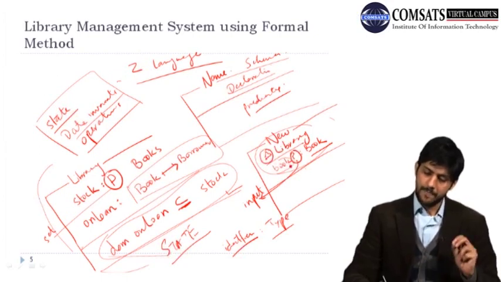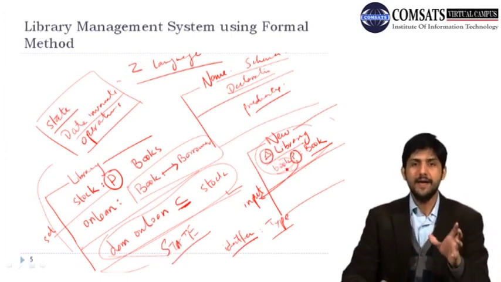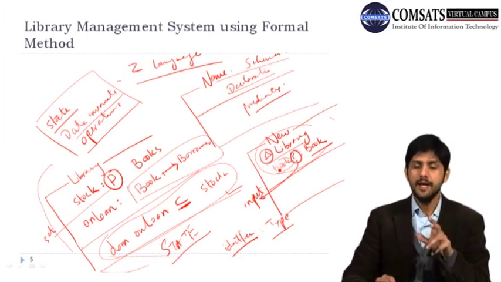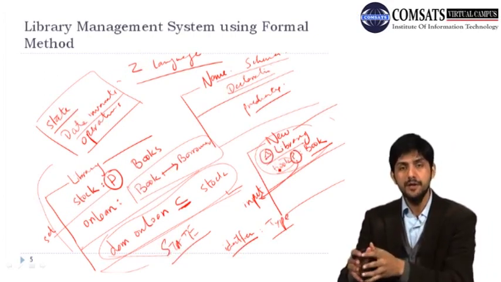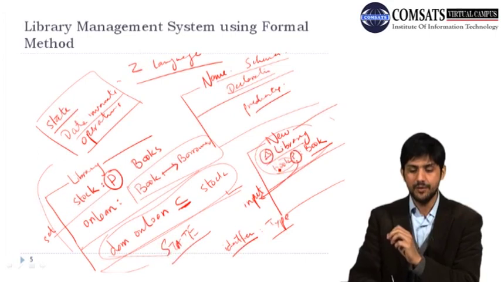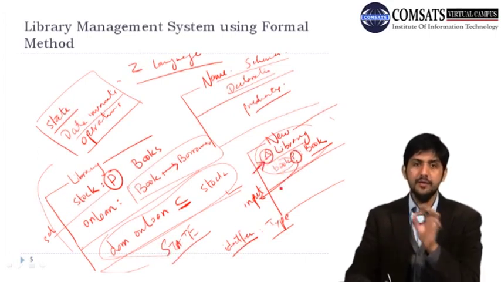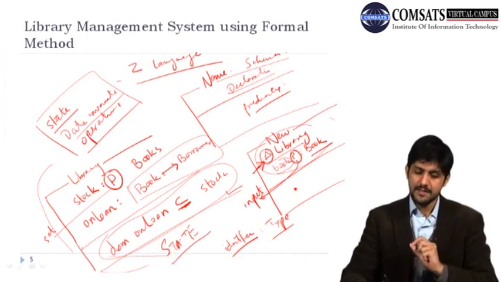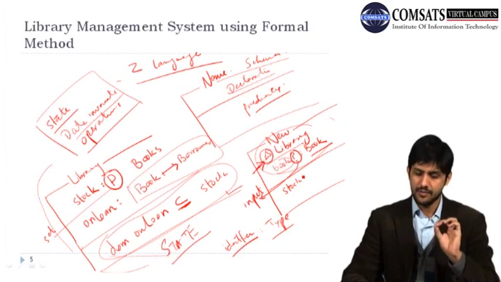Okay, so we know that a new book has come in, and we know that when we apply this operation new, the state of my system is going to change, which I have defined here. Now there are two sets. One set is the stock. So I know this stock set is going to change. So I say, okay, this stock prime represents the change in my stock set.